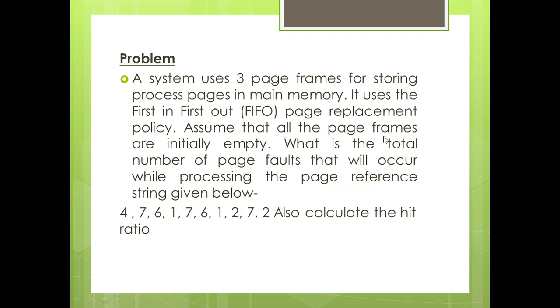Assuming that all the page frames are initially empty, what is the total number of page faults that will occur while processing the page reference string which is given below? The reference string is 4 7 6 1 7 6 1 2 7 2, and we are supposed to find the total number of page faults and the hit ratio.